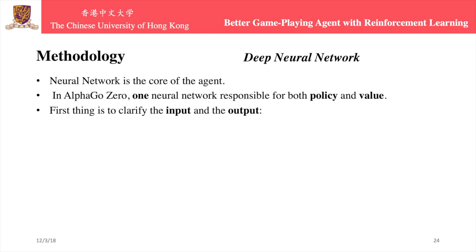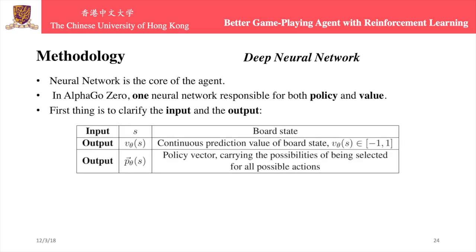For a neural network, the first thing to clarify is the input and the output. This neural network has one input and two outputs. The input is just the board state we have discussed before, and the output is a vector and a continuous value.